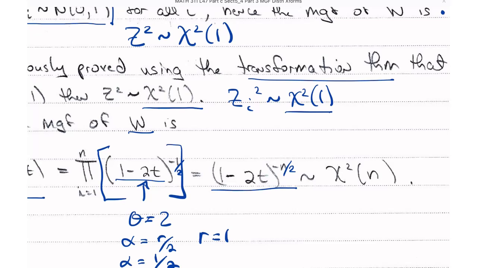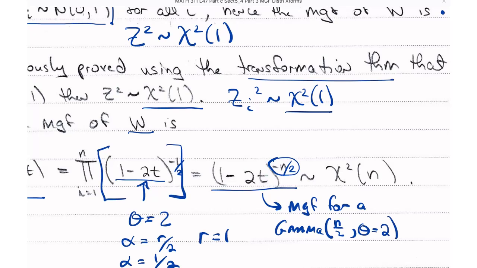Now this is the MGF for a gamma, where alpha is n over 2, and theta, because it's a chi-squared, equals 2. Remember that this n, whatever's in the top of the fraction here, is the degrees of freedom for the chi-squared. So this is the MGF for a chi-squared with n degrees of freedom.